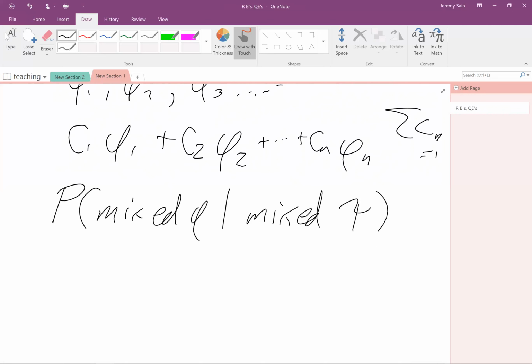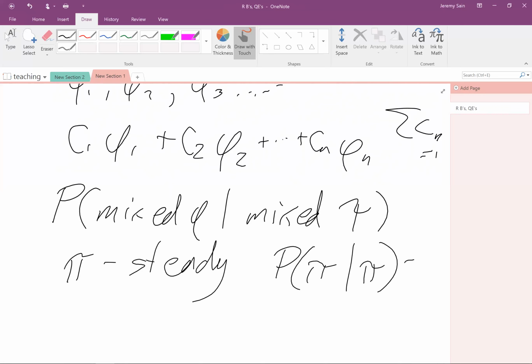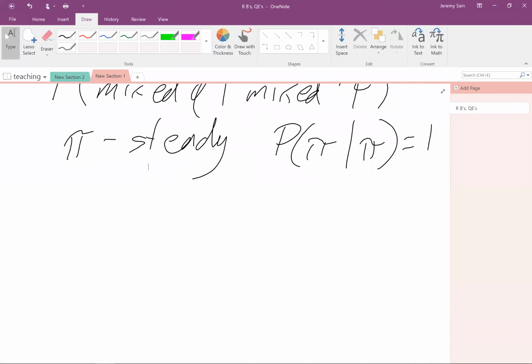And the thing about this is there's always a steady state, which is defined by the probability that you wind up at pi given you started at pi is 1. And this happens anytime you've got an irreducible Markov chain with finitely many states. It actually happens for infinitely many states too, but the proof is quite a bit more difficult.